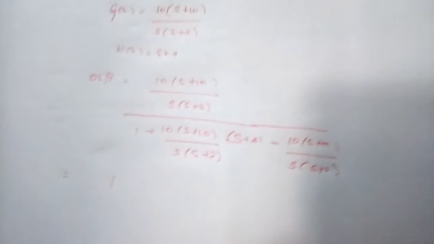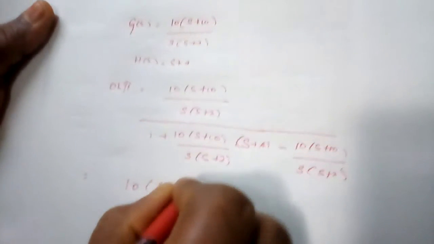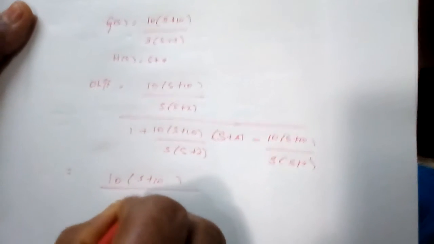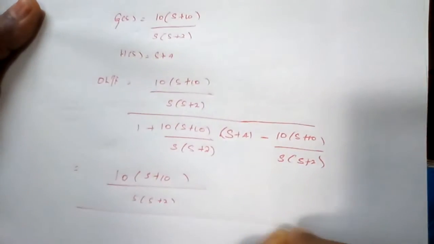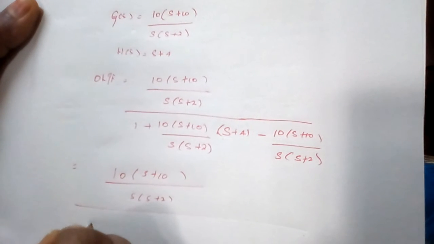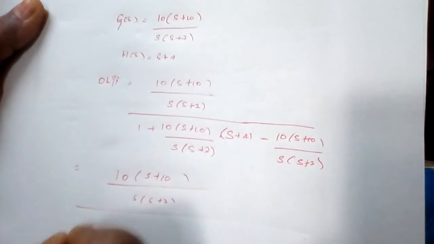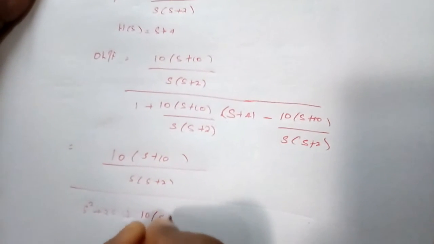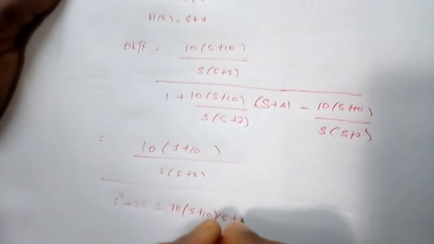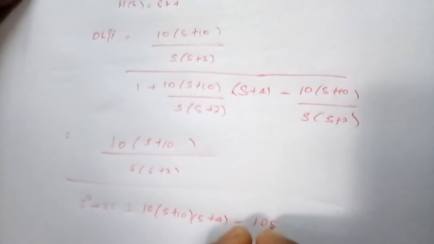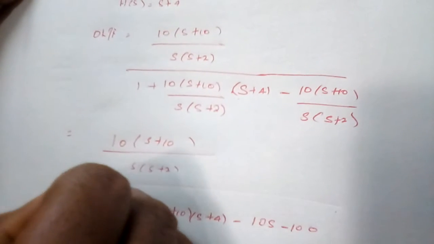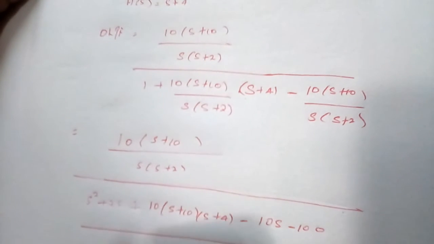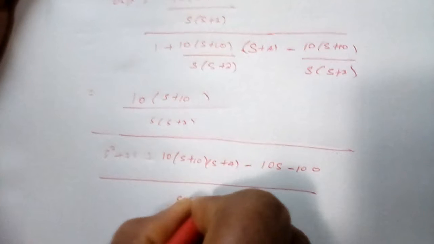Here I obtain the expression as 10 into s plus 10 divided by s into s plus 2, the whole divided by, by cross multiplying this, s into s plus 2 plus 10 into s plus 10 into s plus 4 minus 10s minus 100, the whole divided by the constant term s into s plus 2.